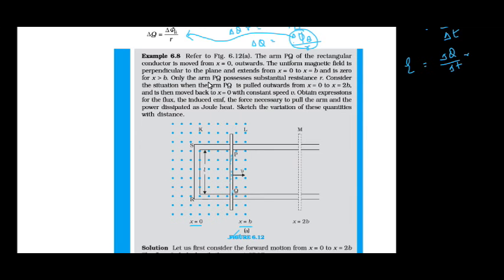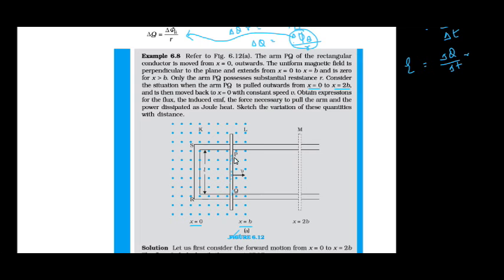Only the arm PQ possesses substantial resistance r, and no other arm has resistance. Consider the situation when the arm PQ is pulled outward from x equal to 0 to x equal to 2b.